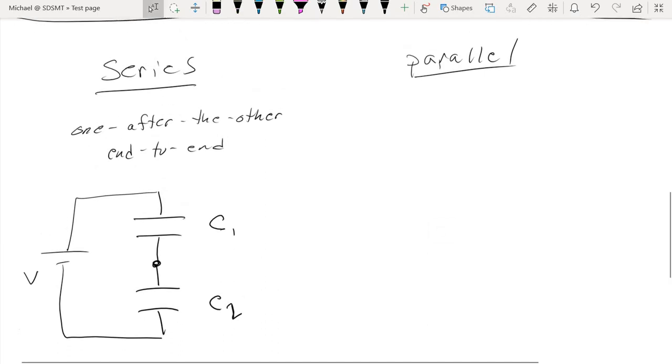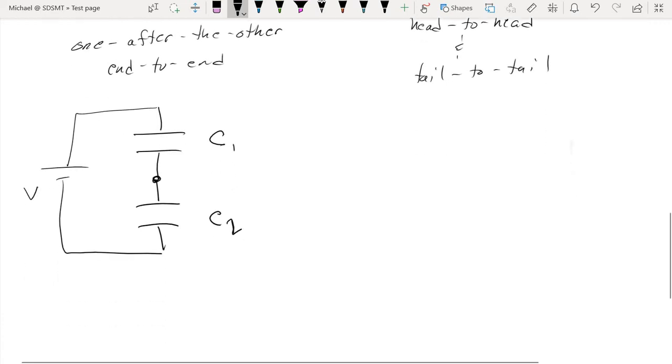But then we've got the parallel case. With the parallel case, the capacitors need to be connected head to head and tail to tail. So here we have capacitor 3 and capacitor 4.